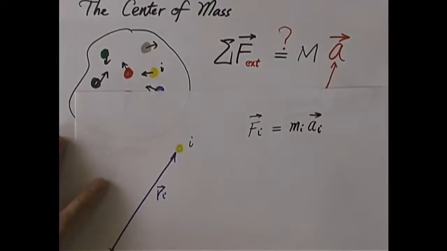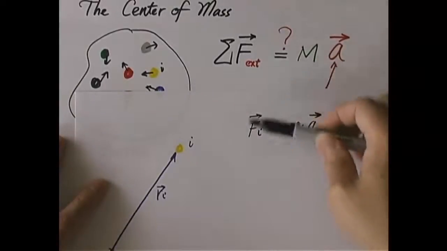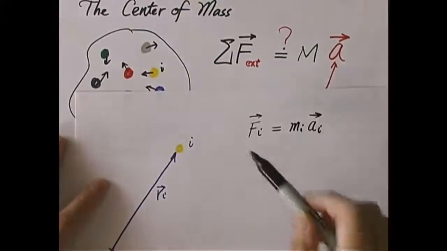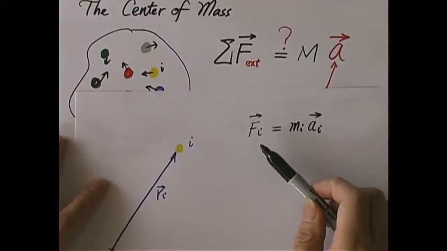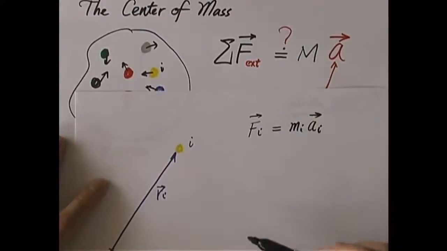Now, look at what I want to do next. I want the left-hand side of the final equation to consist of all the forces, the net force on all the particles. This is only the force on the ith particle, right? So what do I do? Well, imagine I wrote this formula for the first one, second one, third one, fourth and fifth one, until the nth one, right? So I have n equations.